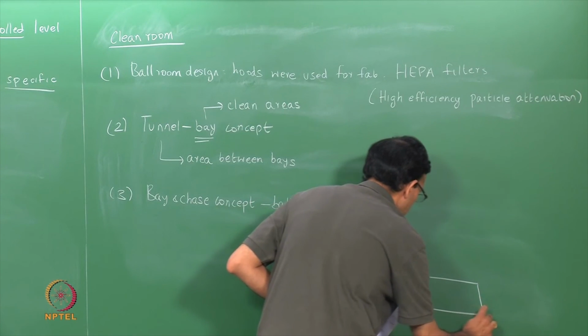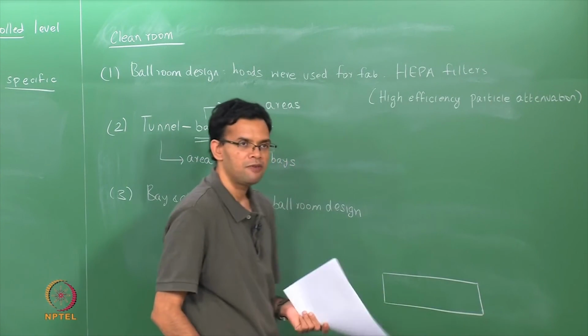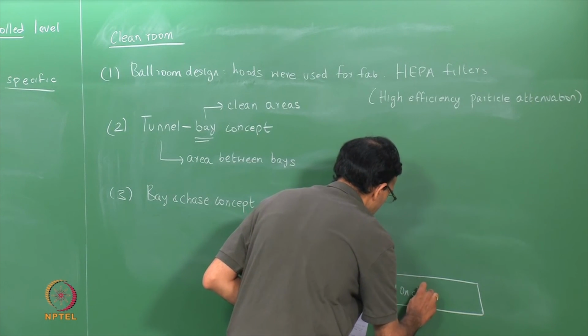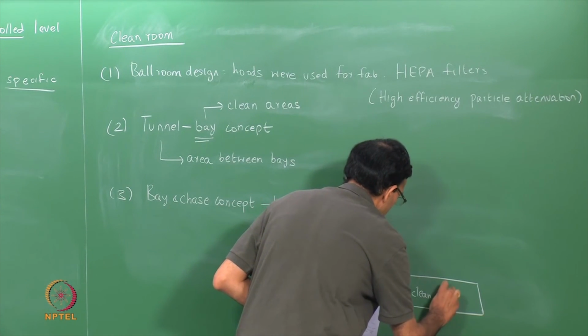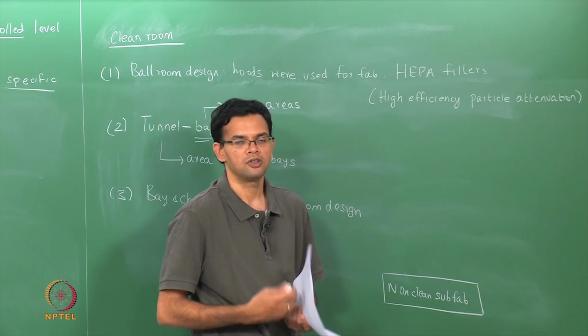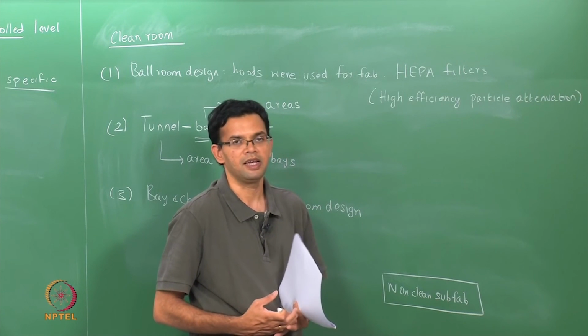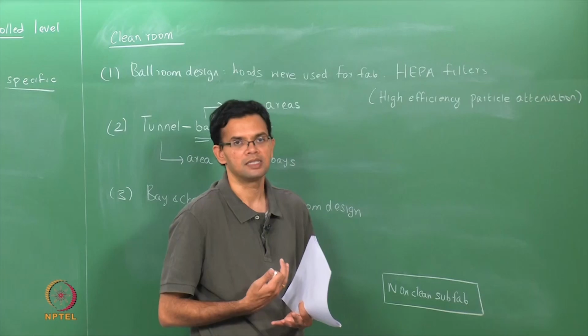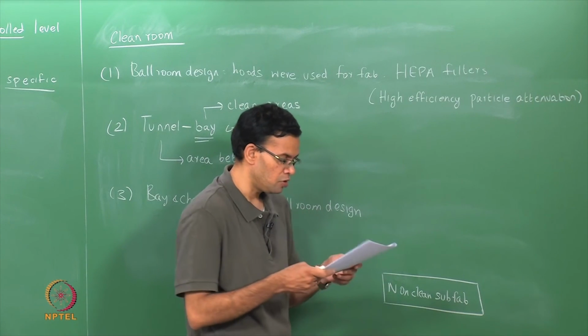So, we will start from the bottom. So, below the fab is a non-clean area which is called the subfab. So, the subfab usually has all the areas for the process chemicals that are stored, all the cylinders for gas injection or gas supply, all of that is stored in the subfab.